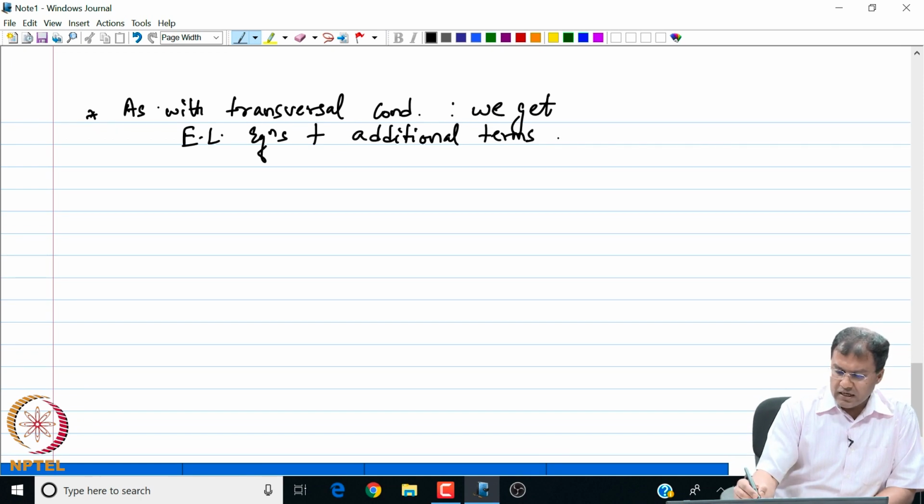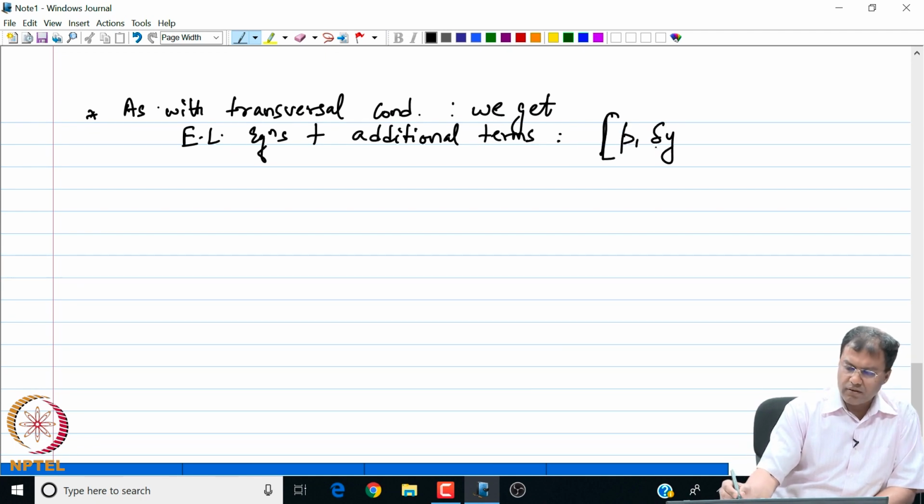Those additional terms, once we simplify, will come out to be the following. Over the first interval, the additional terms are P1 delta y minus H1 delta x, the same transversality terms that we found in the transversality condition.